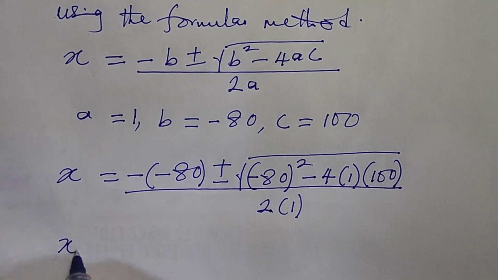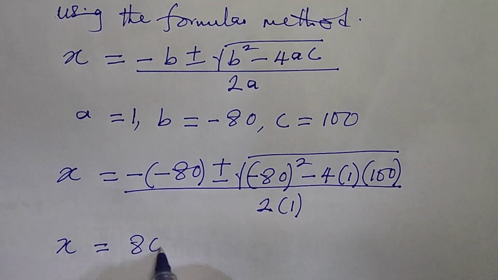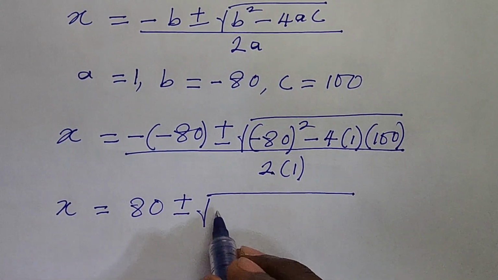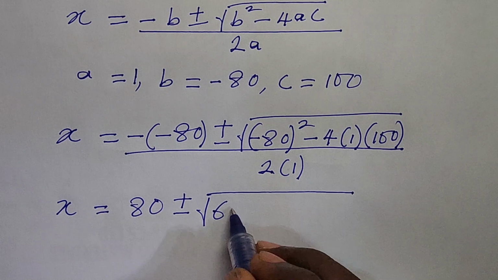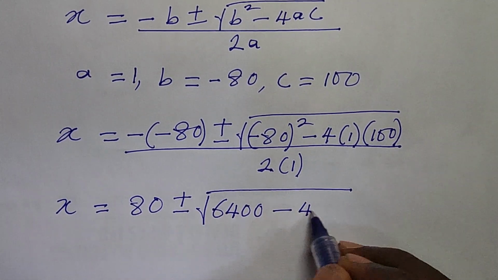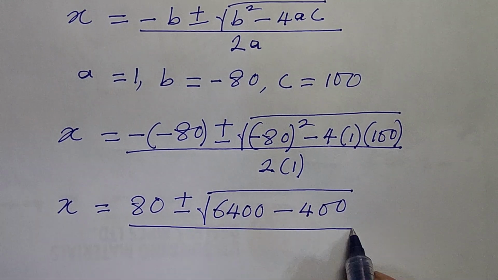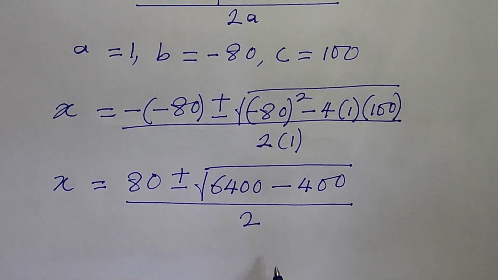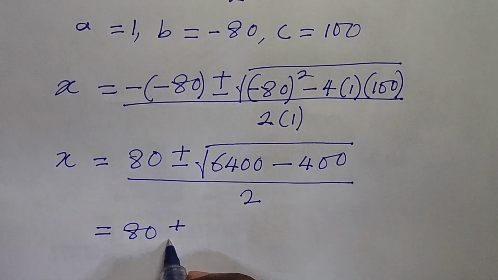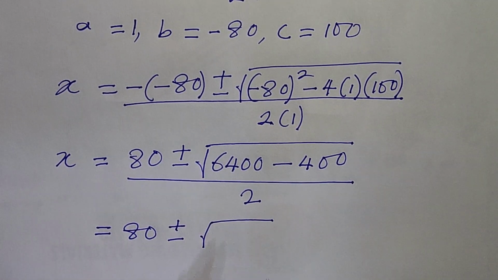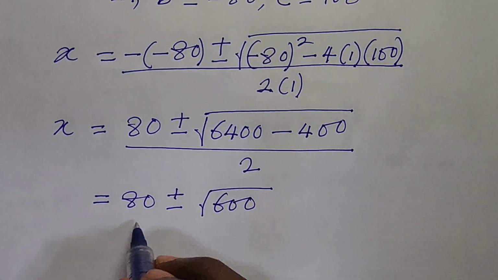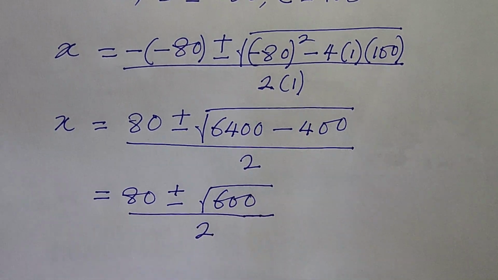So from here, we're going to have x equal to positive 80 plus or minus the square root of 6400 minus 400, all over 2. If we subtract this from this, we are left with 6000.